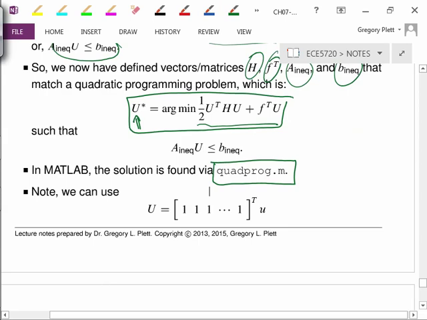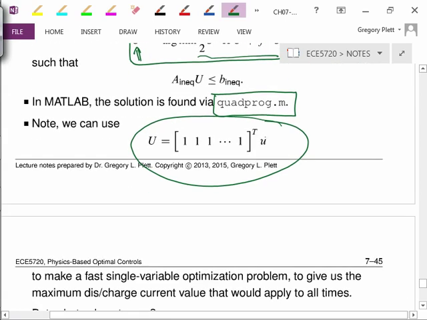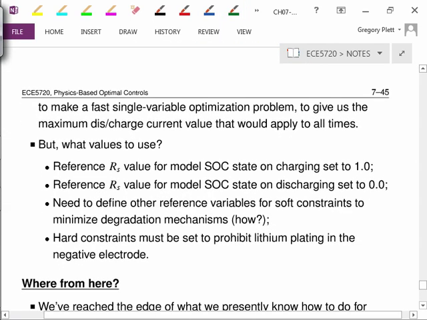If we're looking at predicting power n samples into the future, we could say, let's suppose I've got constant current, like was said before, so I could define U to be a matrix transpose times a scalar, which turns this whole thing, if you go through all the math, into a single variable optimization on U. So we can predict n time samples into the future based on a constant current to optimize the maximum discharge and charge current values that would apply at all times.